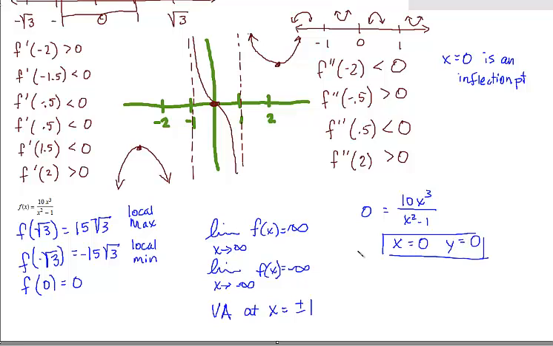I think I'm going to use, let's look at my window and then I'll slap it down on this. For the y values, they need to go up to 15 times that. Square root of 3 is 1.7, so it has to be at least up to 30.